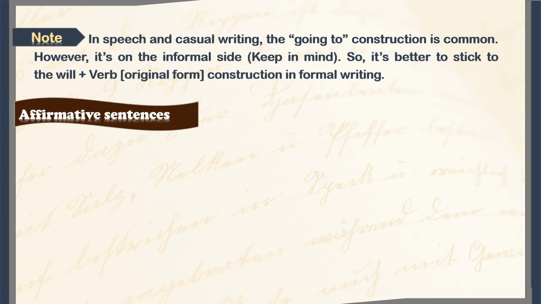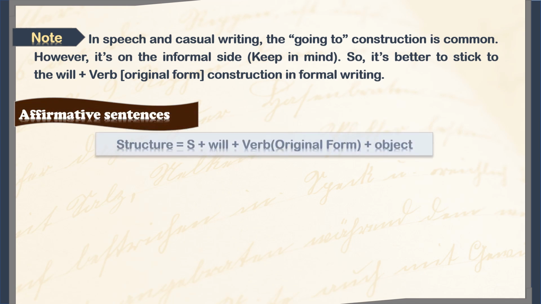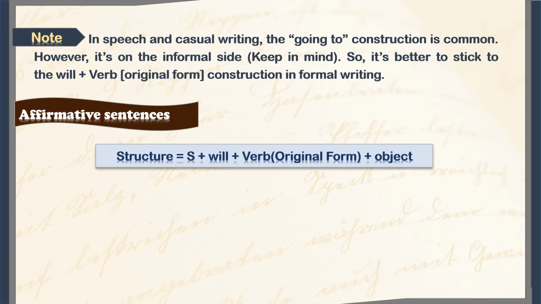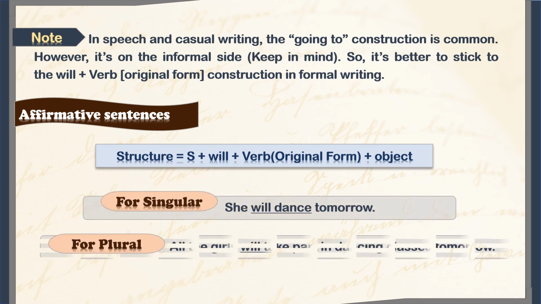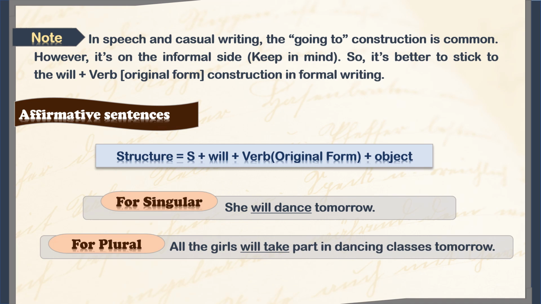For affirmative sentences, the structure is subject plus will plus verb in the original form plus object. Example for singular, she will dance tomorrow. Example for plural, all the girls will take part in dancing classes tomorrow.